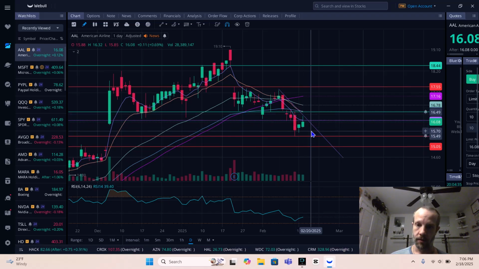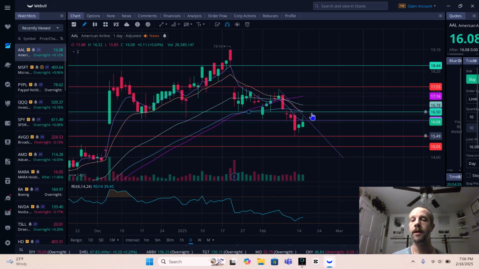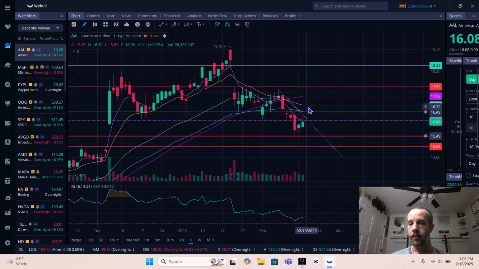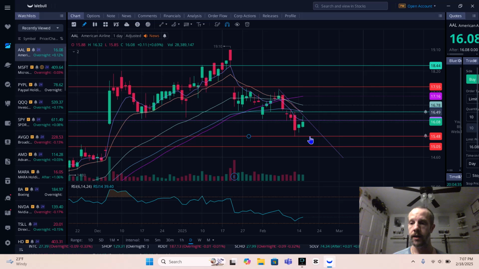So right now, I am looking to see if and when the stock breaks the 16.50 mark or the 15.48 mark. If it breaks above the green line here at 16.50, or it breaks below the red line at 15.48, that's when we can look at calls for the green line or puts for the red line.